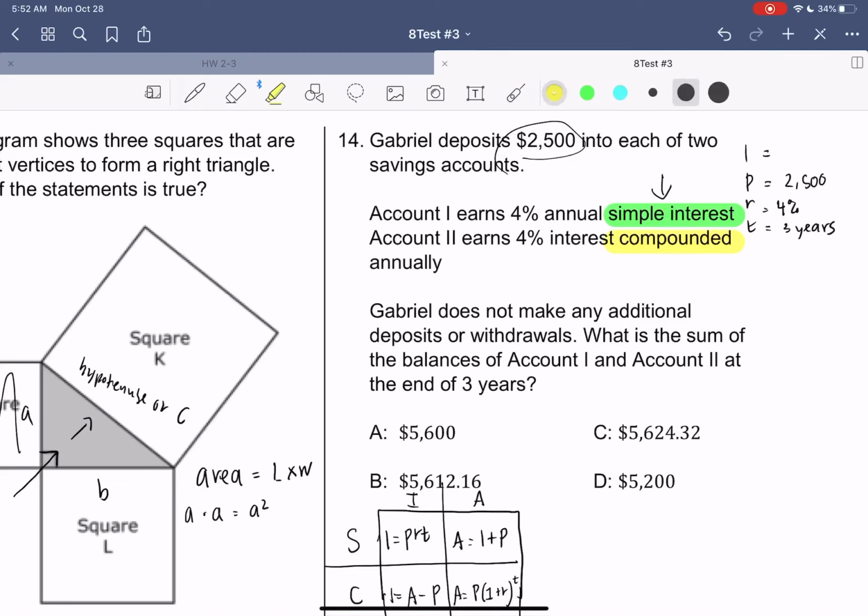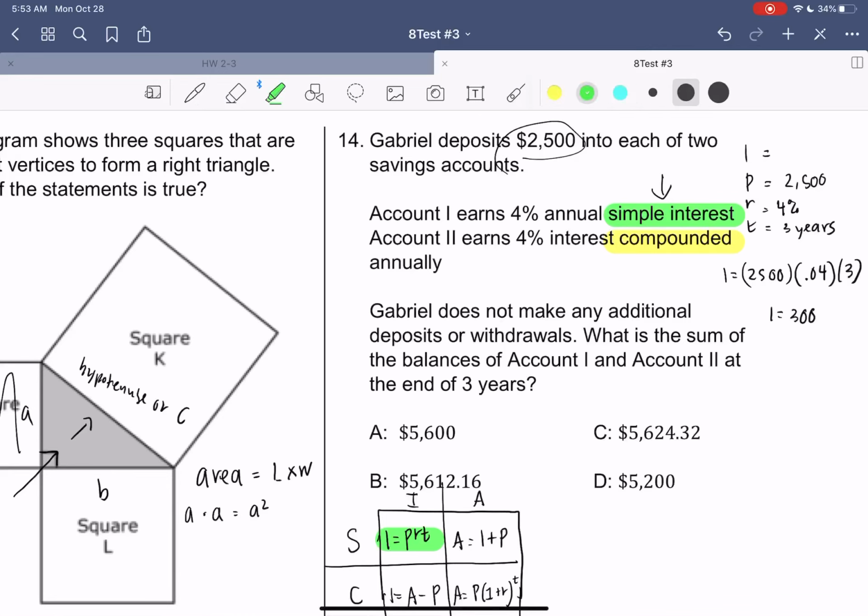So we have I equals PRT. So I equals 2,500 times 0.04 times 3. This gives us I equals 300.